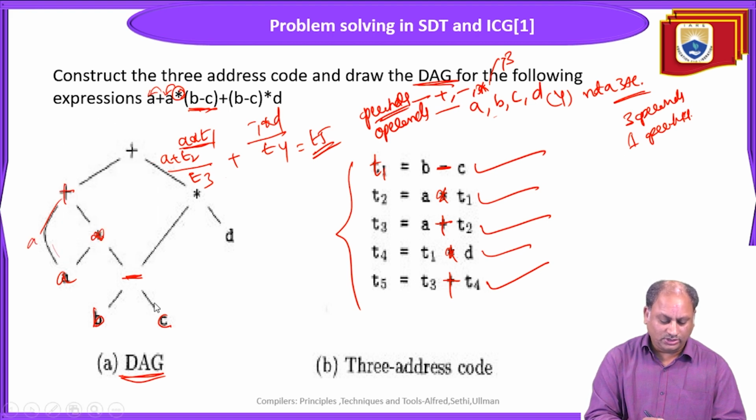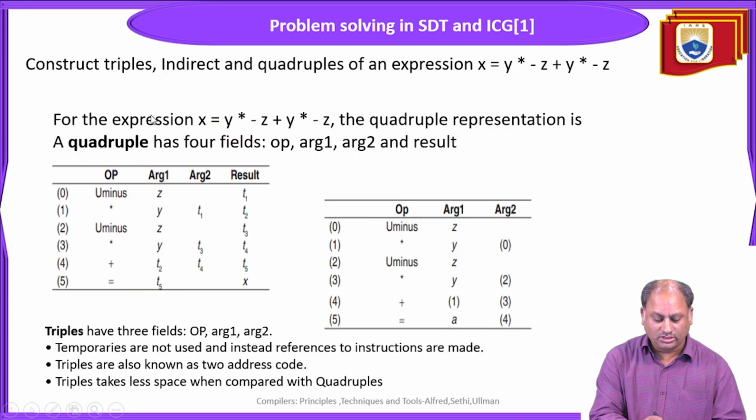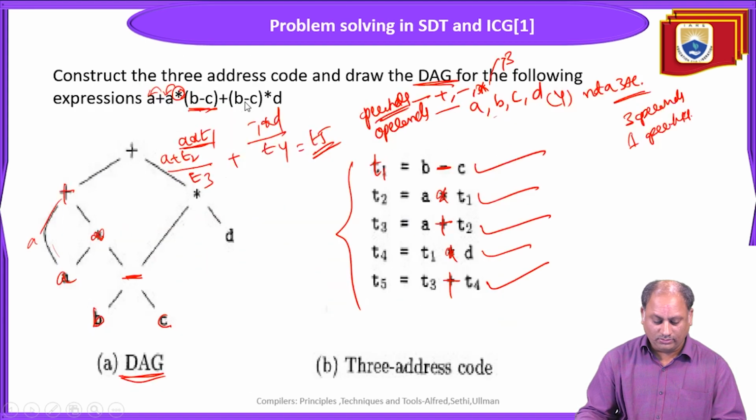So a plus a star b minus c. And for the other plus operation, to the right we have b minus c star d. Star is the operator. To the left of the star is b minus c, which we already calculated, and to the right we have d.